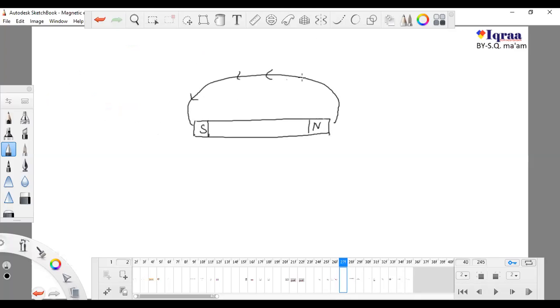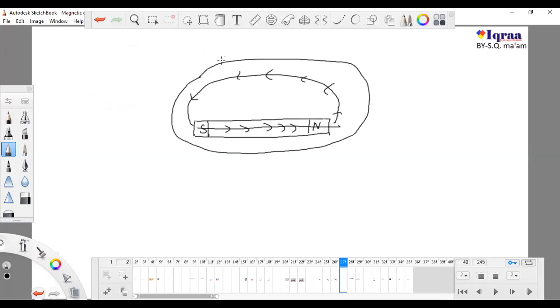If I complete this, you can see how the lines go in this direction. They are completing the path, so it is a closed path.